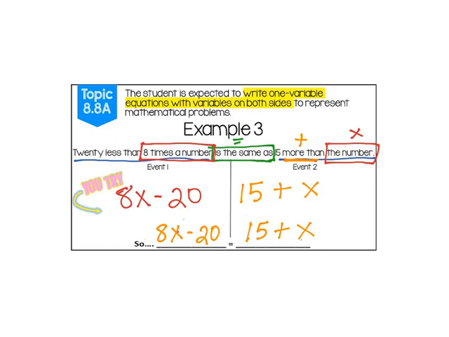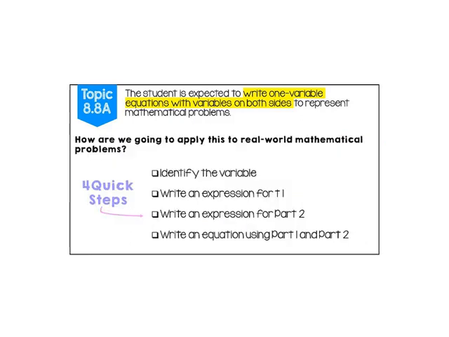Now let's move on to a bit more complicated math problems, which is kind of what we'll see on exams and things like that, word problems, right? So real world problems. Okay, so again, the steps are to identify the variable, write expression 1, expression 2, and then set them equal to one another.